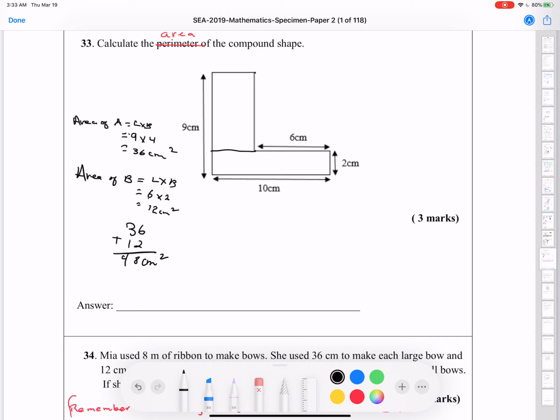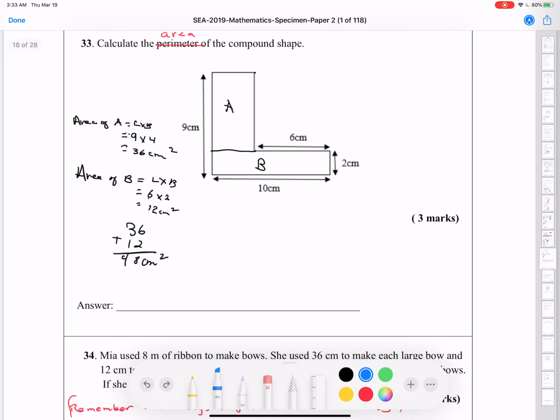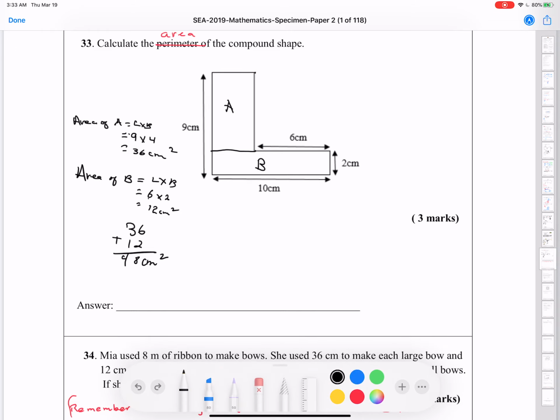Alright, so we need the length and breadth. I'm going to call it A and B again. We had already found the unknown sides. If we want to find the length of this side here, this unknown, we know it was 9 take away 2, which was 7. Alright, so the length of rectangle A is 7.